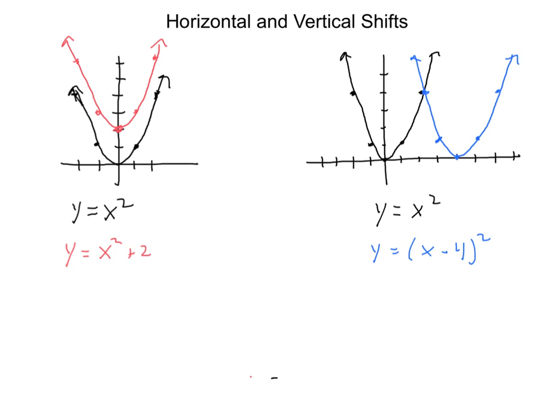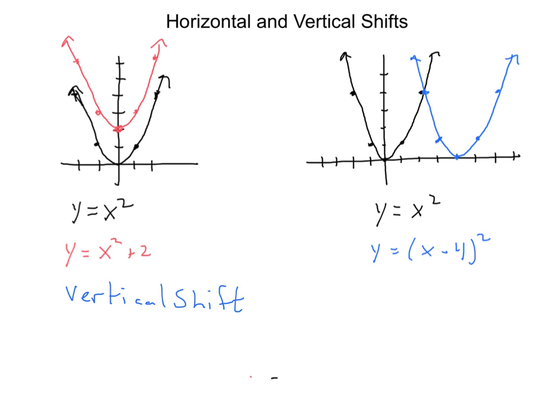And the point at 2, 4 went up to the point 2, 6. Again, added 2 units. So y equals x squared plus 2 is a vertical shift, and the plus 2 told me I was going up 2 units.